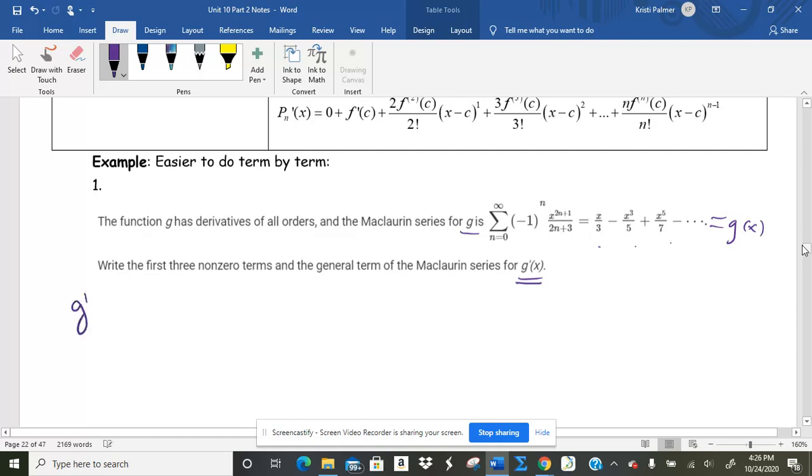So when I took my g prime of x here, the derivative there is 1/3. The derivative there is 3/5 x squared. The derivative there is 5/7 x to the 4th. So that's kind of easier to see term by term what that derivative is.